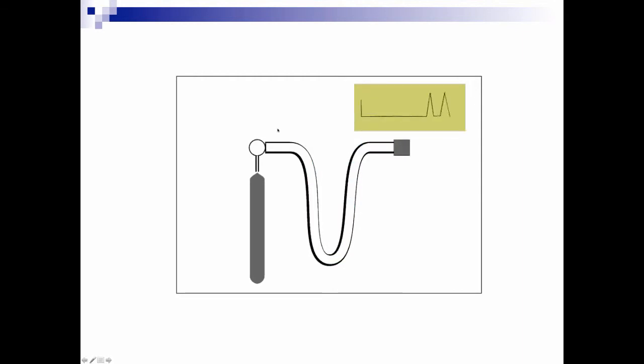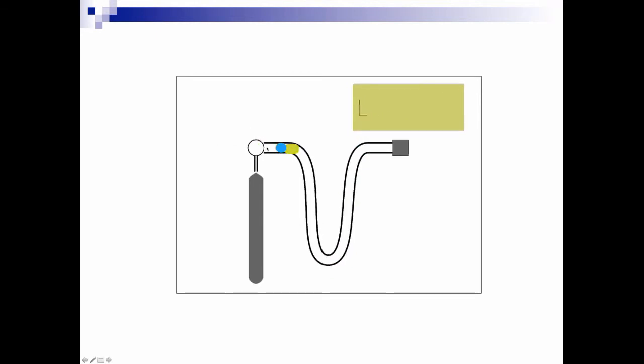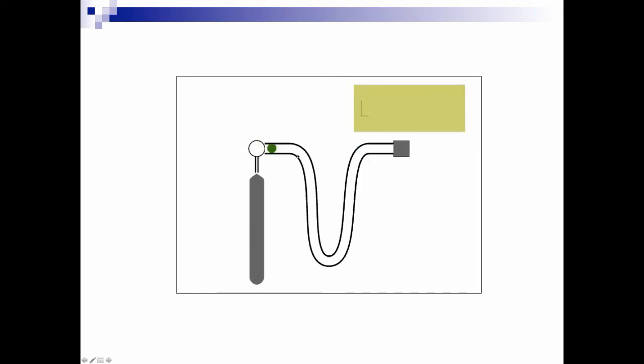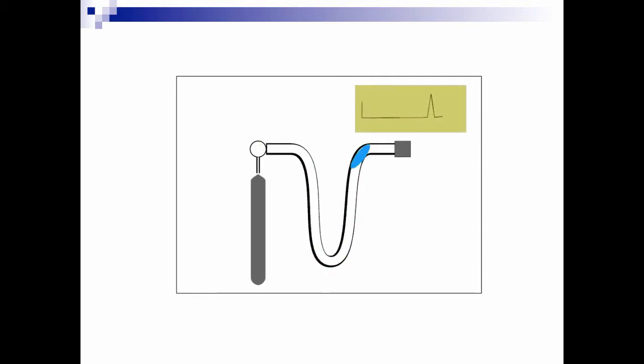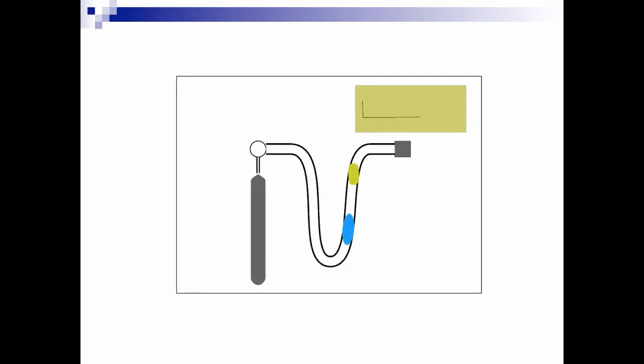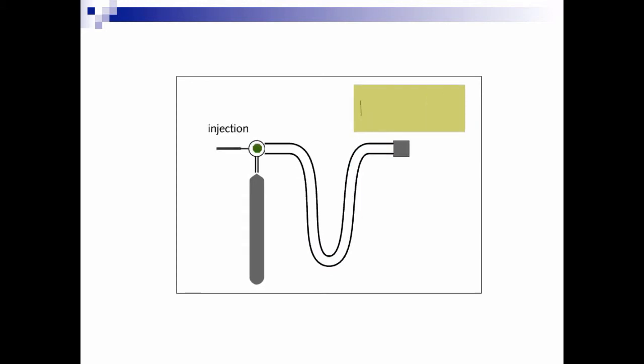As it injects the sample into the injection port, the sample is first vaporized, and because the sample contains components that have different levels of affinity or volatility, it causes them to separate out between the mobile and the stationary phase. As you can see here, the sample is made up of 2 components, the yellow and the blue dye.